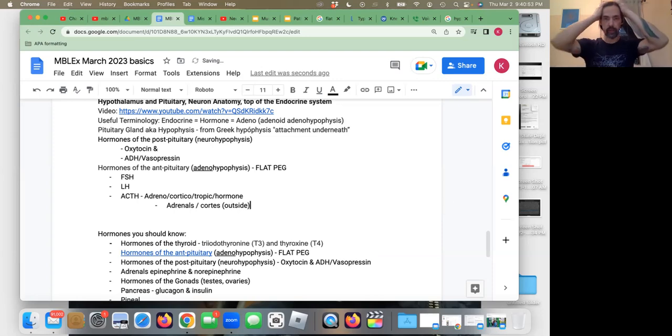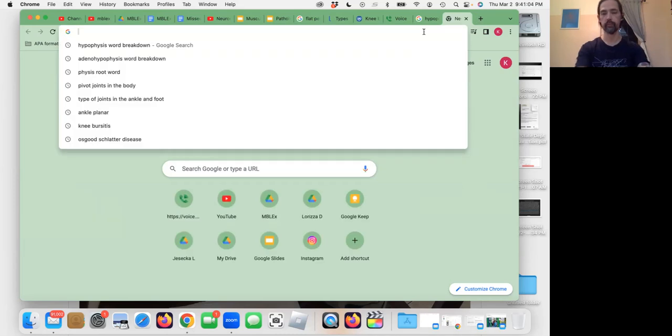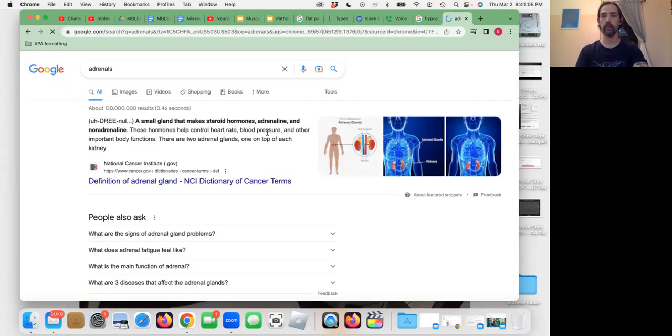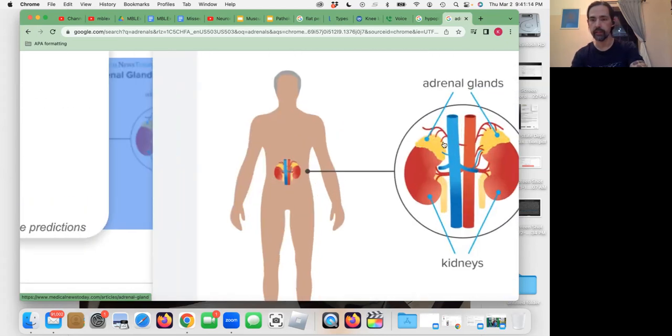The cortex of the brain is the outside. That's the white matter. And then the gray matter is inside, right? The cortex of the kidney, the cortex of the adrenals. The cortex of the adrenals is the outside of the adrenal glands.